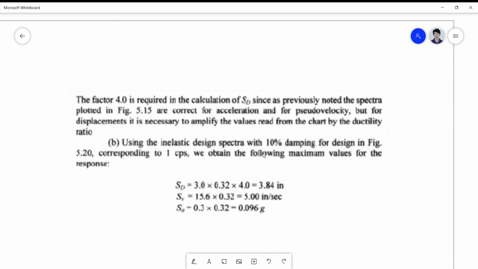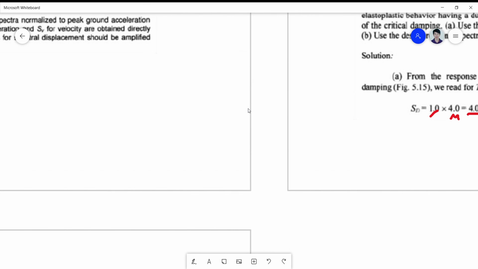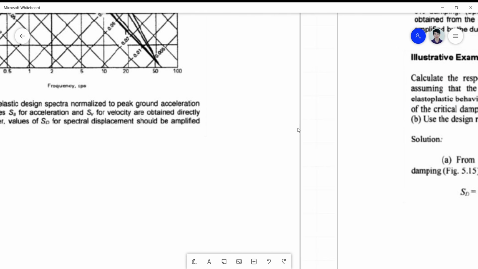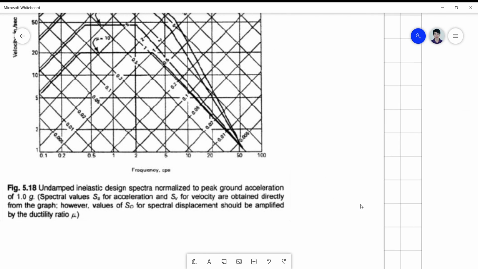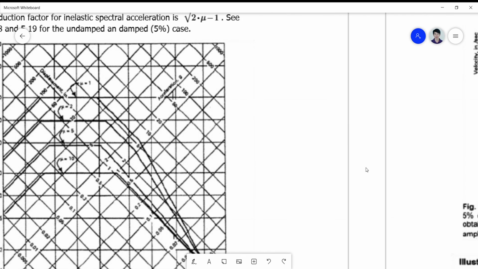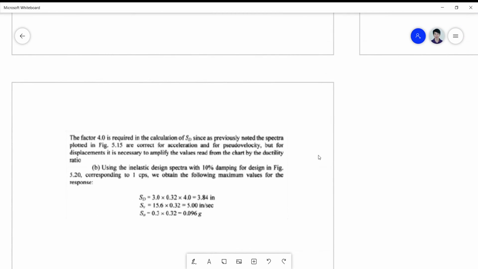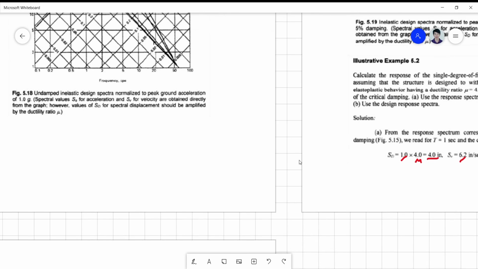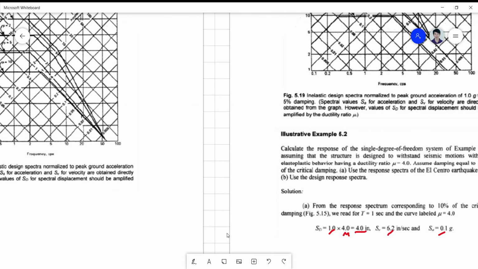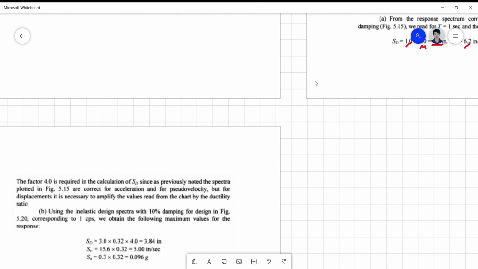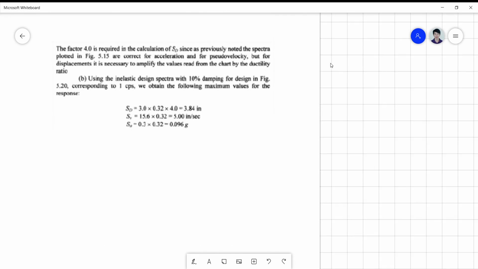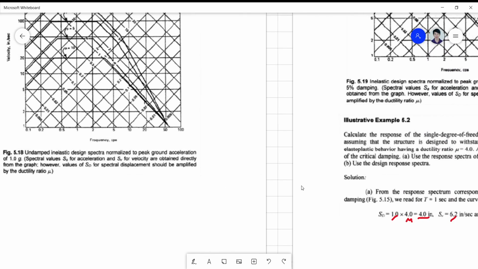So since this is a normalized graph, we use a scale factor. So this is, I think, the graph 5.20. I think 18, 19, 5.20. So I don't have the 5.20 here.